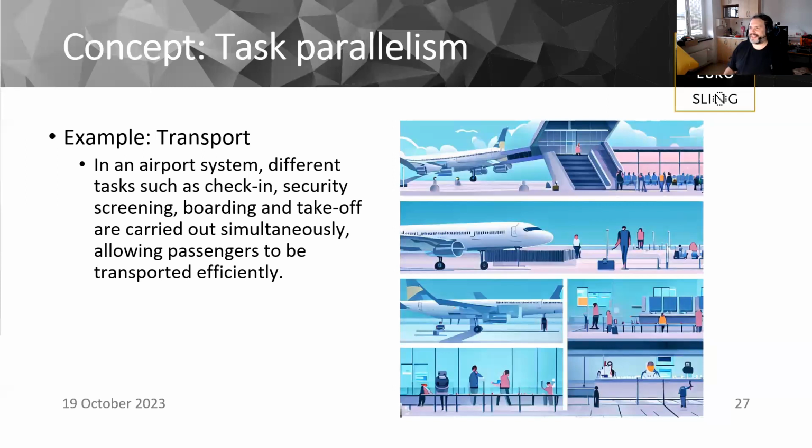And one nice example for this is many transport operations, like an airport. Okay, so in the airport, imagine what would happen if you didn't have this highly parallel system. You come to the airport, you have your luggage, and there is a person. You put your luggage there, the person checks it in, and then puts it on a conveyor belt. And then this same person goes on and fiddles with your luggage, puts it on the trolley, so it goes on to be loaded on the plane, and later loads it on the plane.